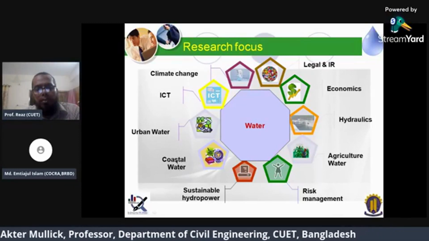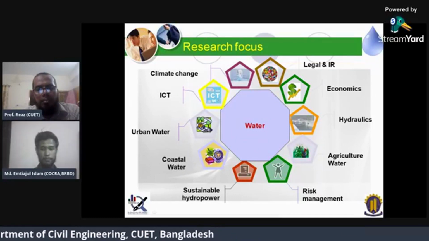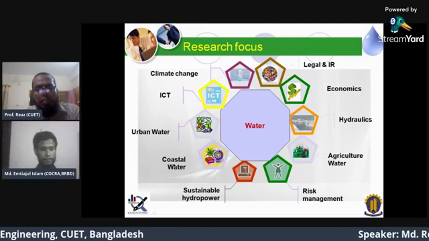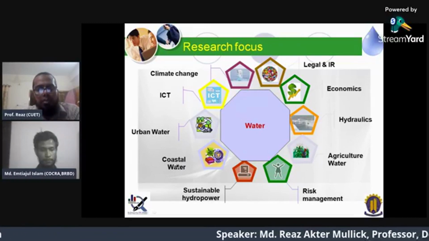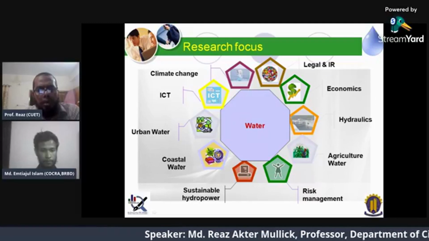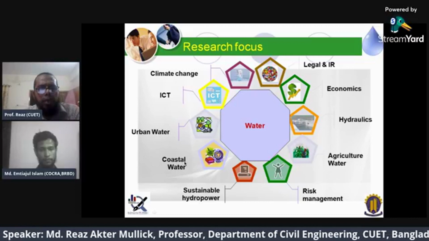Coastal water, another big issue and an interesting research area, how the coastal water can be used, or how it can be treated in a more convenient way.